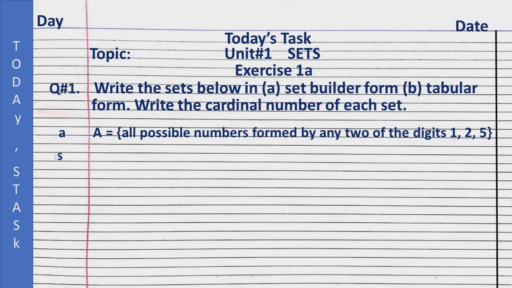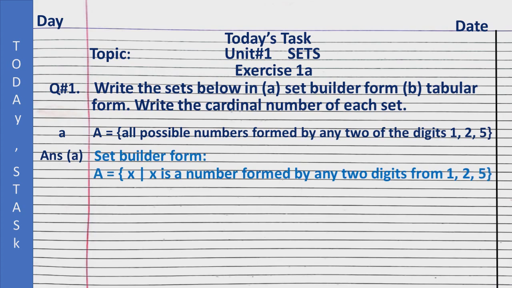Dear students, first of all, write the set in set builder form. As we have already discussed that in set builder form, set is described by a statement and expressed in the form of rule. So this set is written in set builder form as A is equal to x such that x is a number formed by any two digits from 1, 2 and 5.